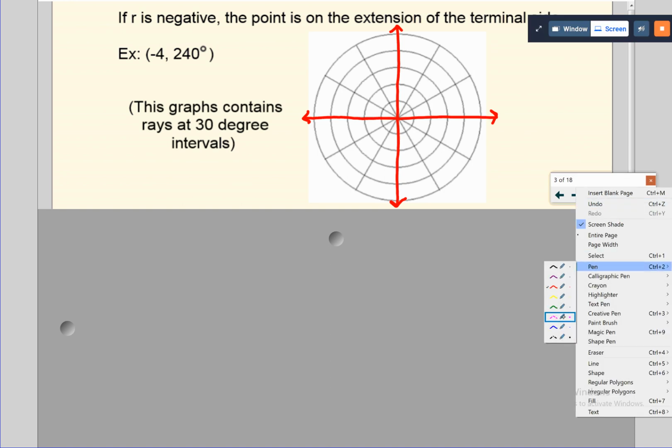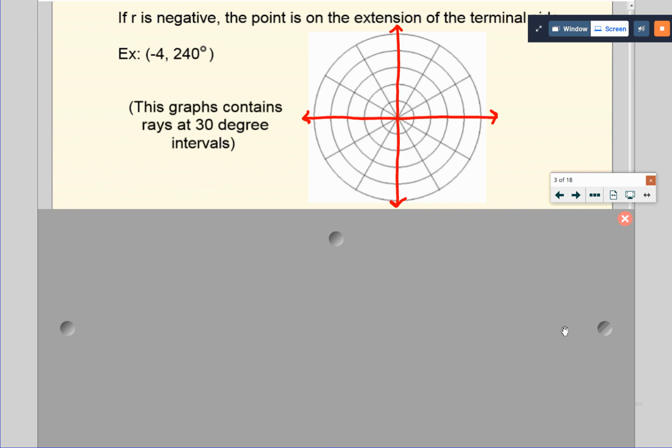All right, we're going to graph a couple points on this picture. I'm going to graph point A first. We're going to call point A (4, 240 degrees). Here's how you would graph it. 4 means I am 4 units away from the pole, away from the center, away from the origin. If I'm 4 units away, I'm on the 4th circle out.